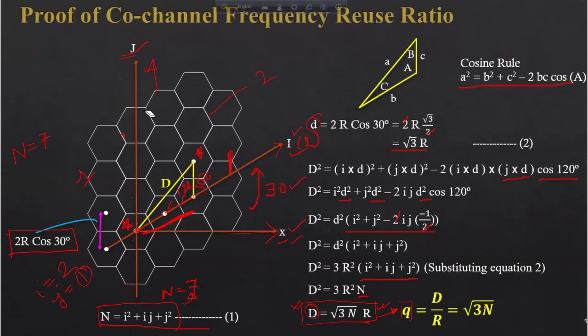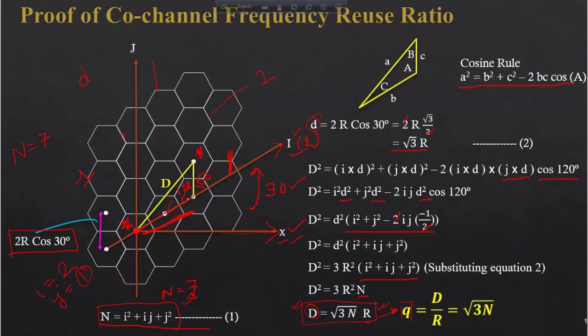Let's repeat. I am starting from this cell. I'm going through the I direction, and I'm going 2 units. 1 unit means the small d is my 1 unit. From this cell center to this cell center, 1 unit. From this cell center to this cell center, another unit.